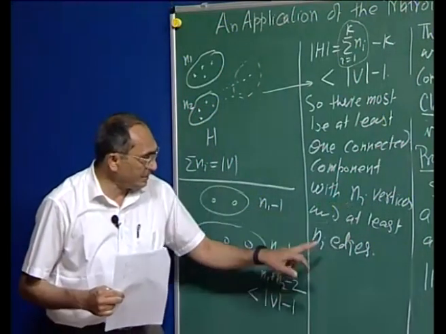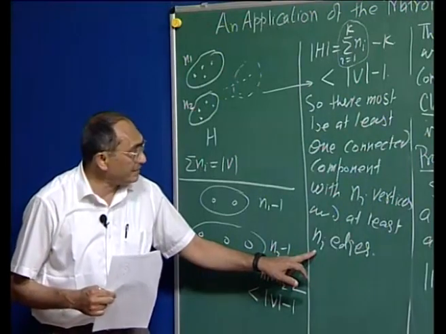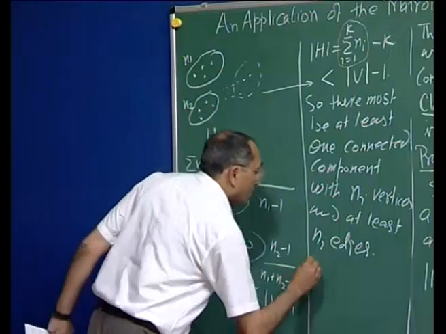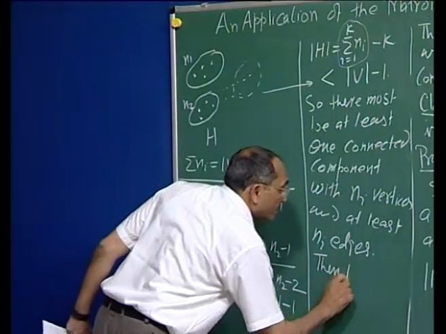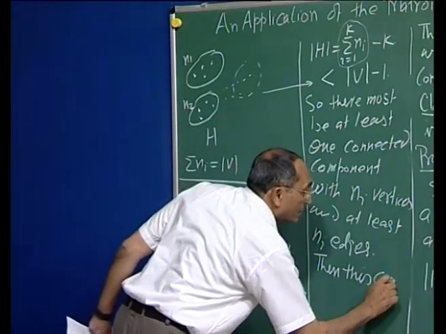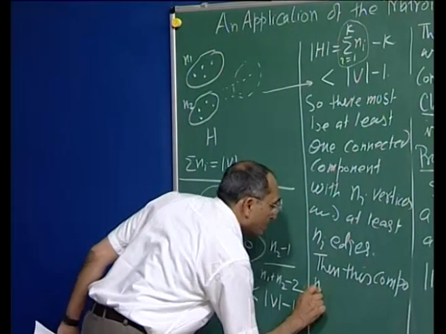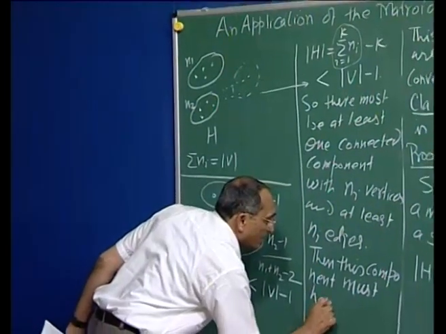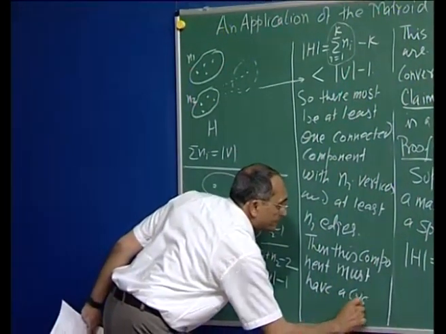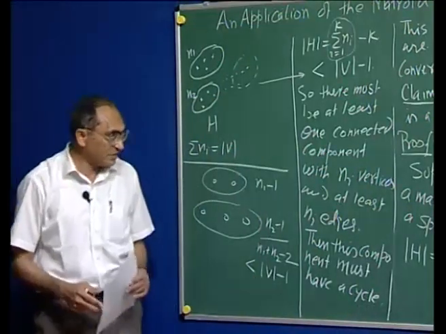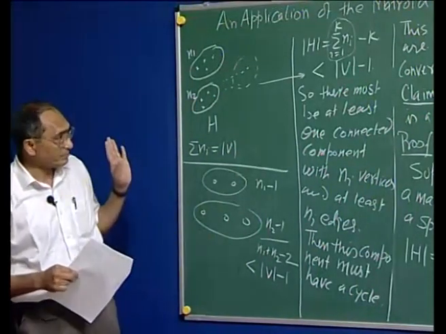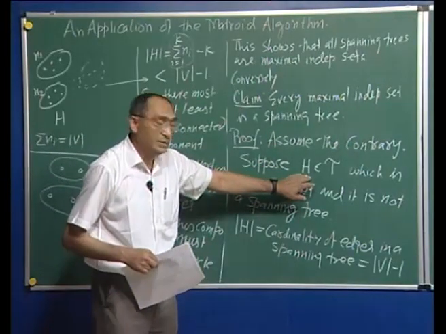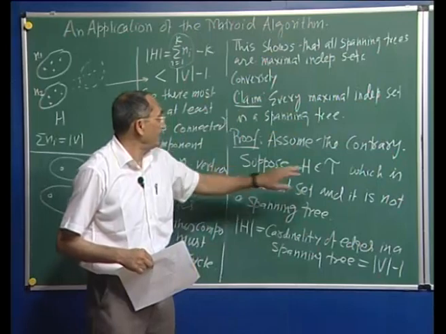If there are ni vertices and ni edges, and if the component is connected, then this cannot be a tree. Then this component must have a cycle, which implies that such a graph H must be a spanning tree.